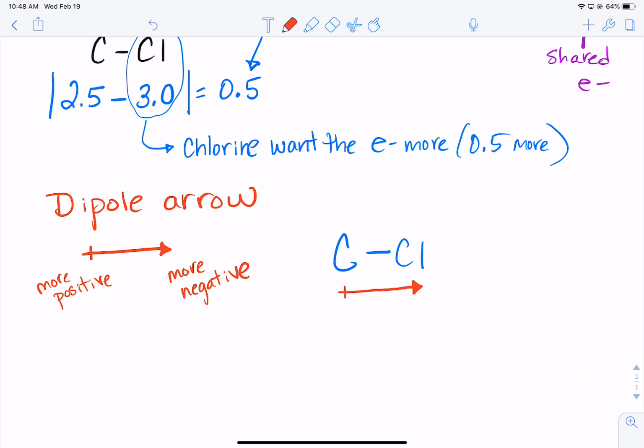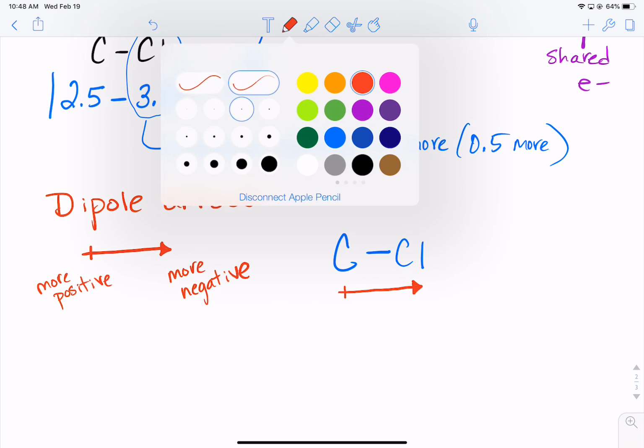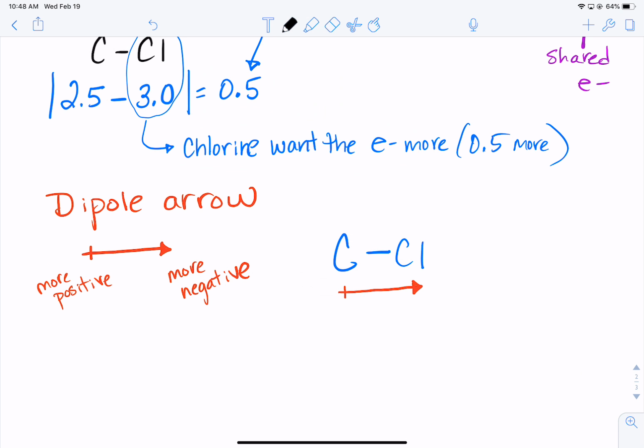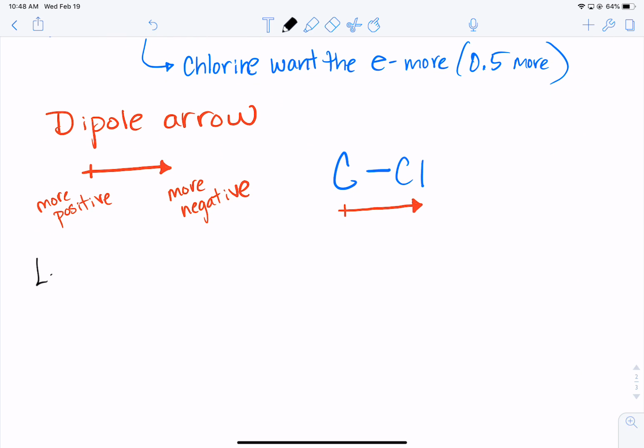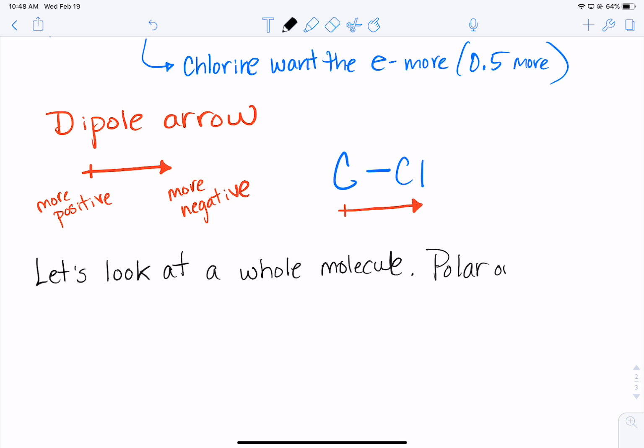So now let's look at a whole molecule. Now that we've reminded ourselves what an actual polar bond means, let's look at a whole molecule. And the question is, is it polar or non-polar?